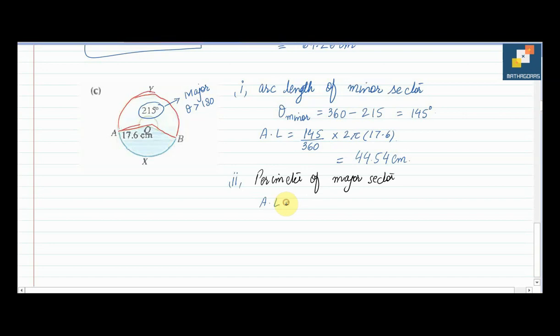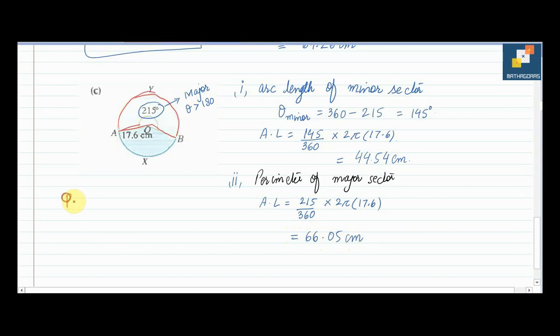Arc length is angle, that is 215, divided by 360 multiplied by 2 pi r, right? Now the value of r is 17.6. Calculate it: 215 multiplied by 2 multiplied by 3.142 times 17.6 divided by 360, it's 66.05 centimeter.